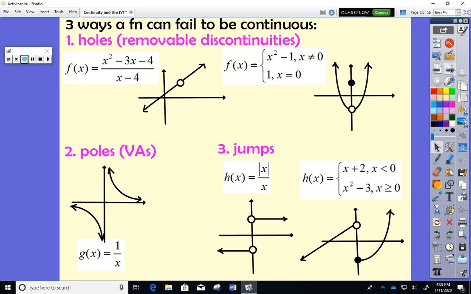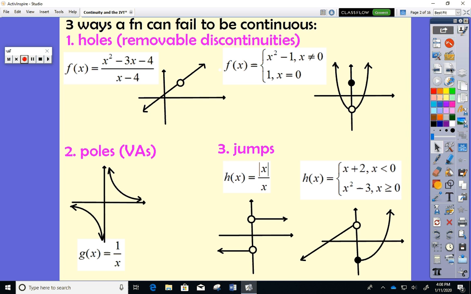There are three types of discontinuities, or three reasons a function can fail to exist at a specific x value. Number one, holes. Two, poles. Three, jumps. So saying holes, poles, and jumps has just a nice ring to it. It's easy to remember. You know what holes in the graph are.